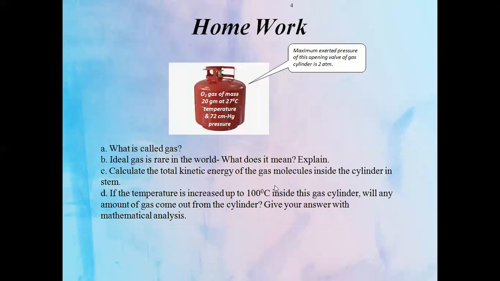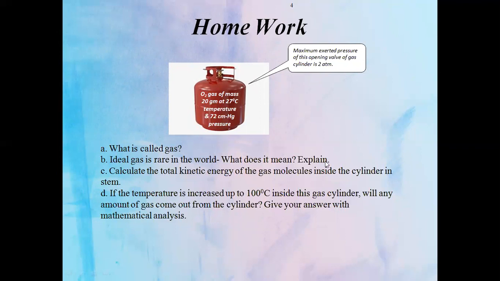And now I give you a home test. Question number one, this is the stem. With respect to the stem, you answer the four questions below: A, B, C, and D. Number A, what is a gas? Number B, ideal gas is rare in the world. What does it mean?